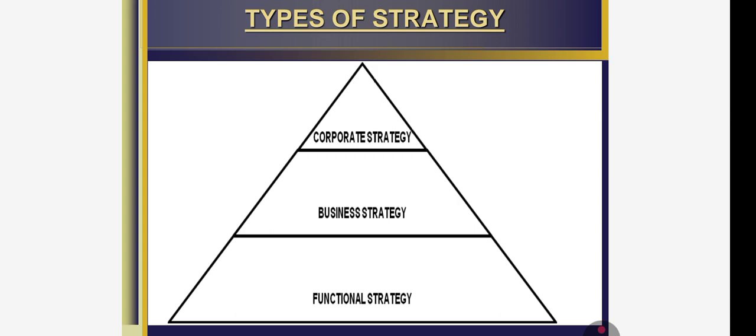Functional level strategies in the marketing, finance, operations, human resource department, and also research and development involve the development and coordination of resources through which business unit level strategies can be executed efficiently and effectively.